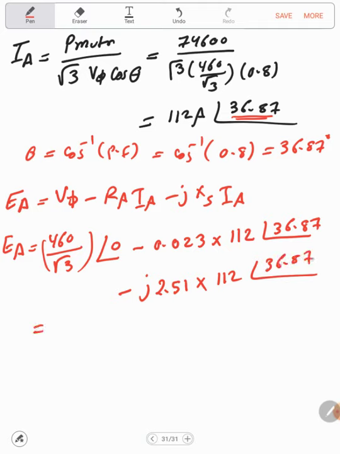Now if we do the math, this will equal 498 with angle minus 27 volt.